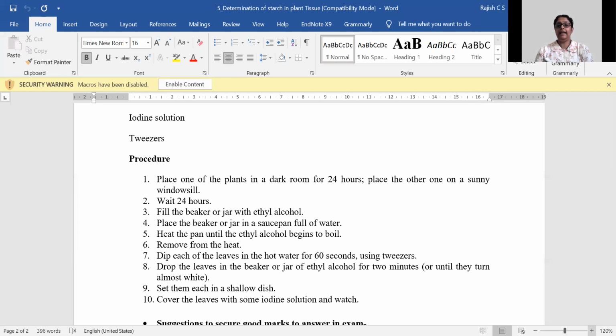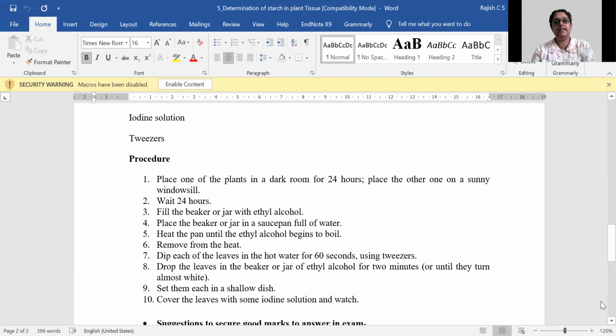And then you take out leaves from each of these plants, and you will be dipping them in hot water for 60 seconds using tweezers, and then dropping the leaves in the beaker for a couple of minutes, until all the chlorophyll has been leached out from the leaves. And after that, you will mark petri plates, and you will be keeping these leaves in those petri plates for some time. And then after that, you will be adding droplets of iodine onto those leaves.